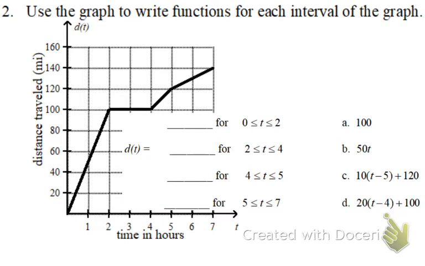Similar situation here. Do rise over run to find the slope of the first part of the graph. Rise 100, run 2, so our slope is 50 for that part, and our y-intercept is 0.